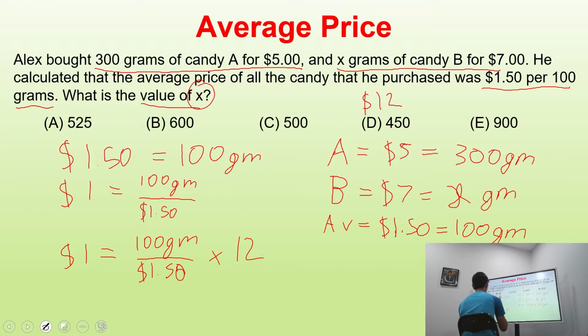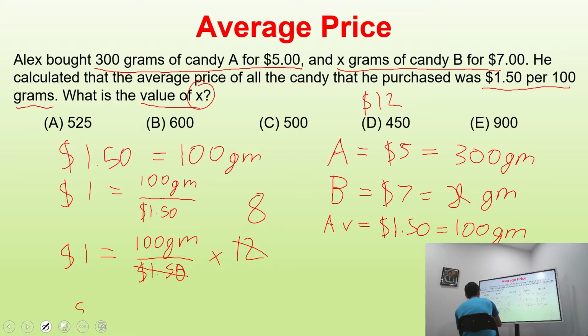So basically, if we multiply this by 12, the simplest way to simplify this equation is by simplifying this 150. Since we already know that 150 goes into 12 8 times, we can just write that. So both 150 would get cancelled here, and then this 12 would turn into 8.